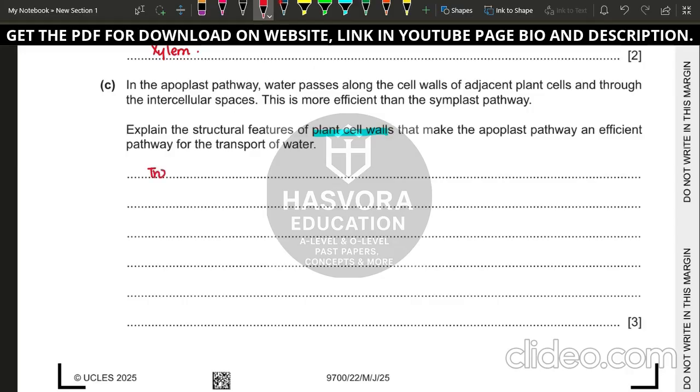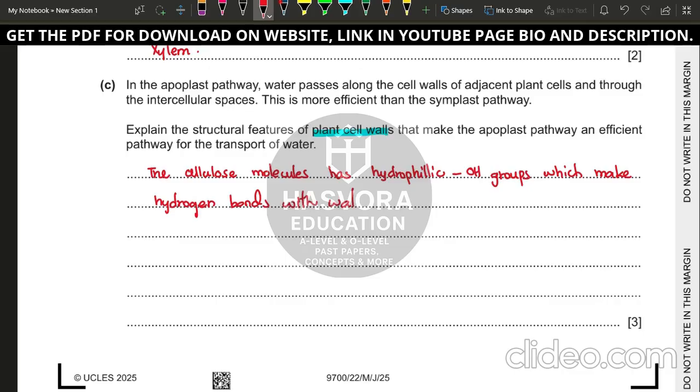So the cellulose molecules have hydrophilic OH, or you can say hydroxyl groups, which make hydrogen bonds with water and form adhesive forces.